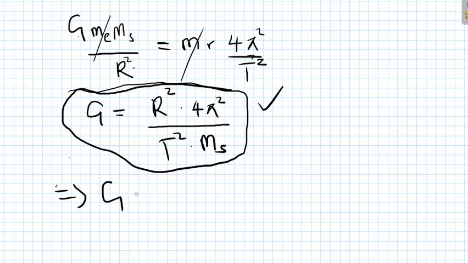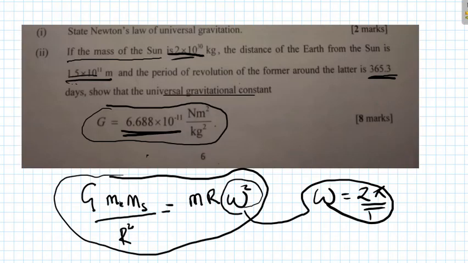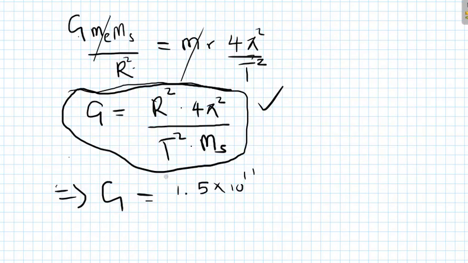We remain with G is equal to, the distance between the two we've been told is 1.5 times 10 to the power 11, which is this one. So this one is squared multiplied by 4 pi squared, which is this part here.